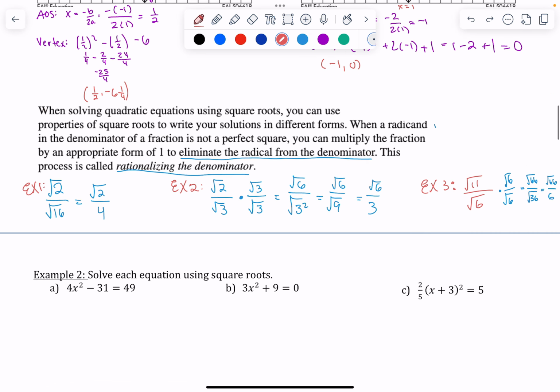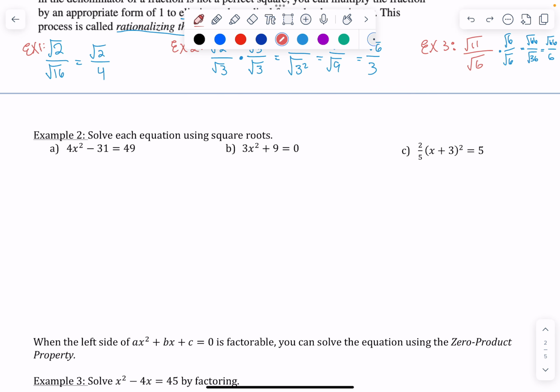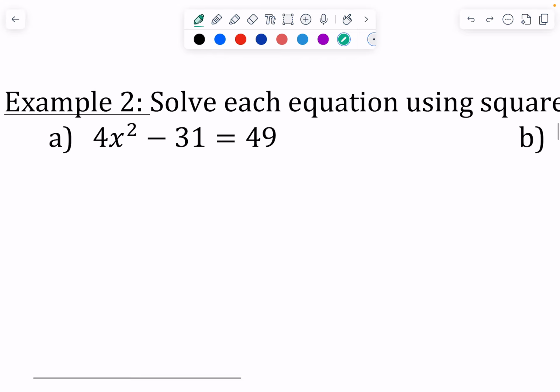All right, moving on. So example 2, we want to solve each equation using square roots, which essentially means we want to isolate the variable. All you're going to do is use inverse operations to do that. So get x by itself. How do I do that?